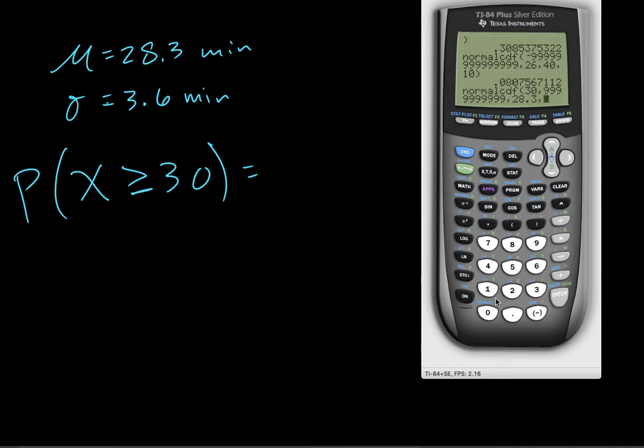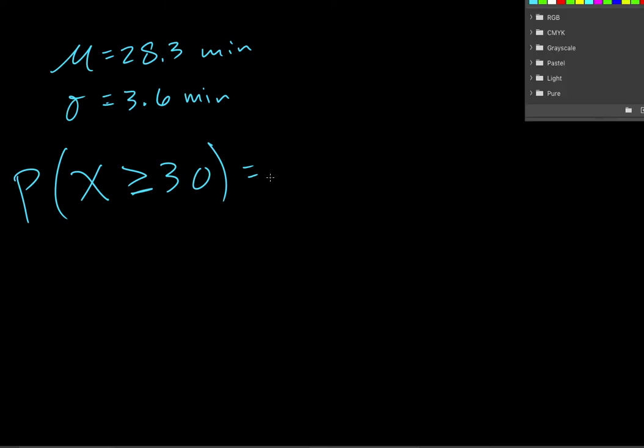And our standard deviation is 3.6. Hit enter and we get 0.318. And that's all you have to do. So it's about 32% chance that if we randomly selected a student, they would take 30 minutes or longer.